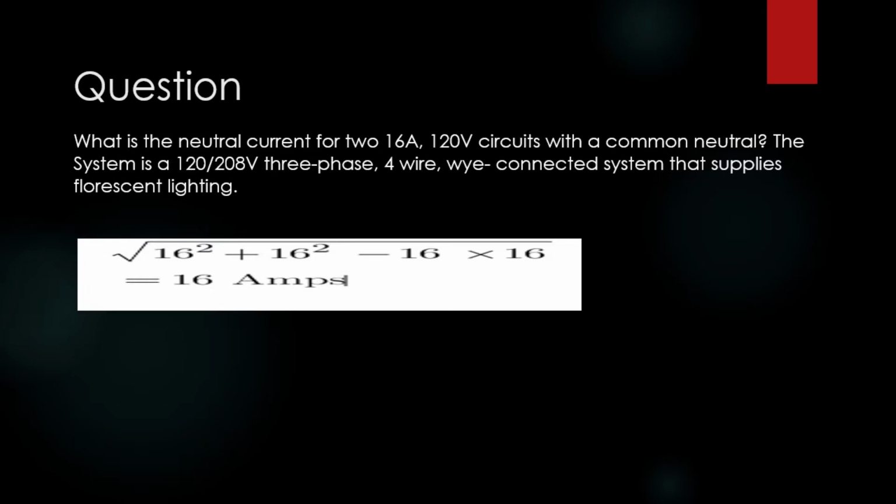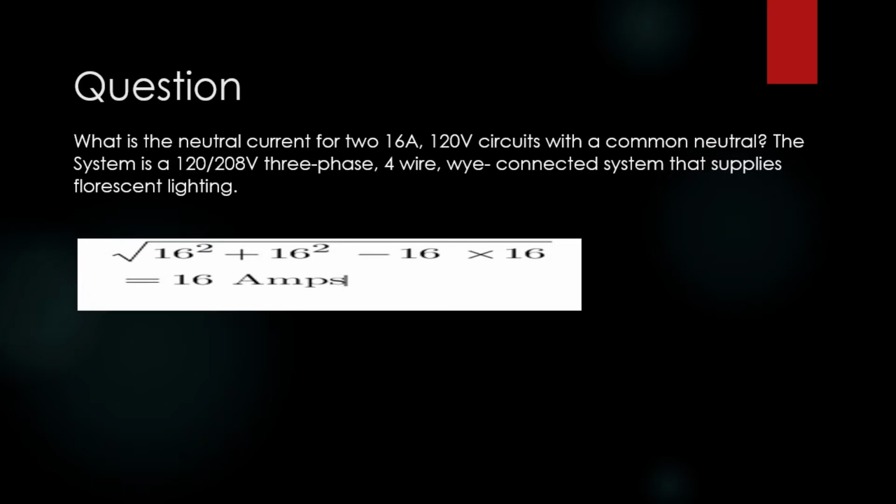We can also use the next formula where we said I neutral is equal to the difference between all the three phases. But this formula will apply to the three-phase system.